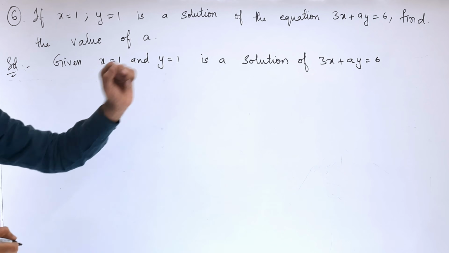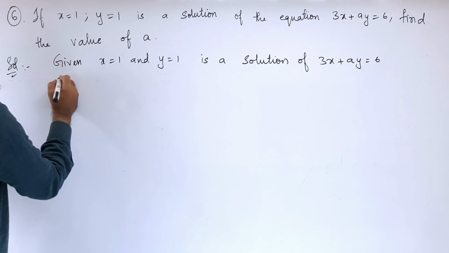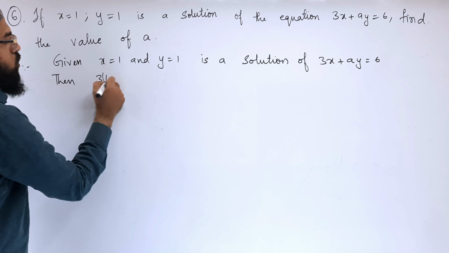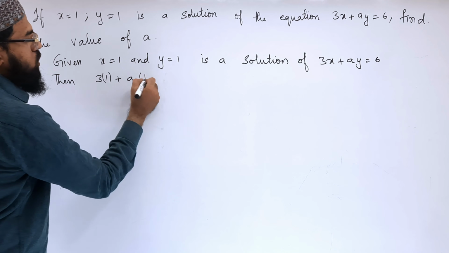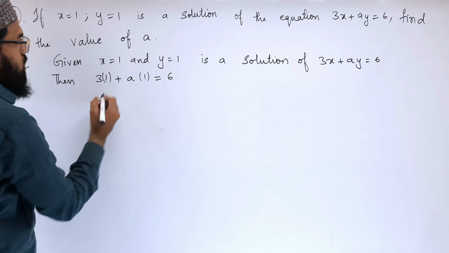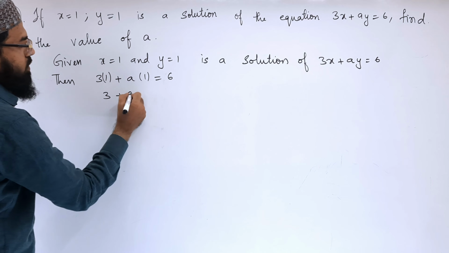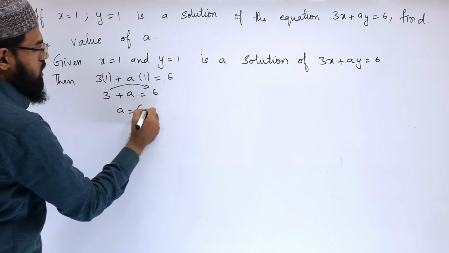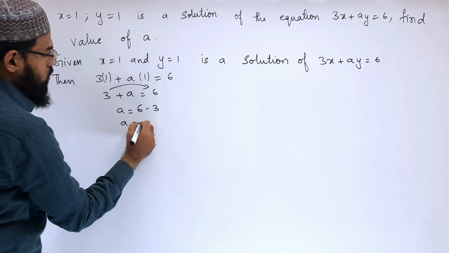So let us substitute. Then 3 into 1 plus a into 1 is equals to 6. So 3 1s are 3 plus a 1s are a is equals to 6. 3 goes to that side, a is equals to 6 minus 3, a is equals to 3.